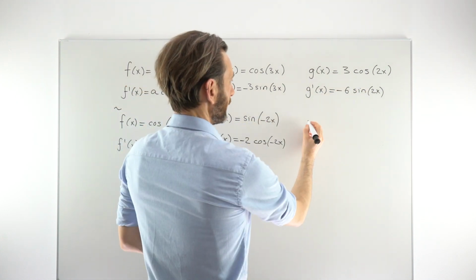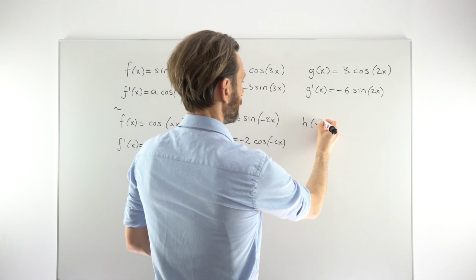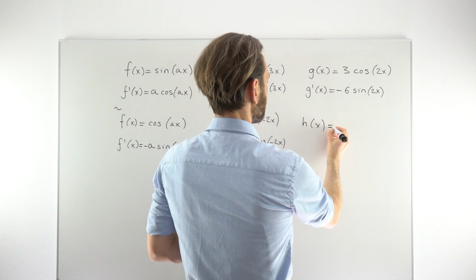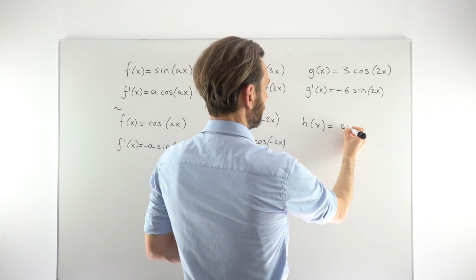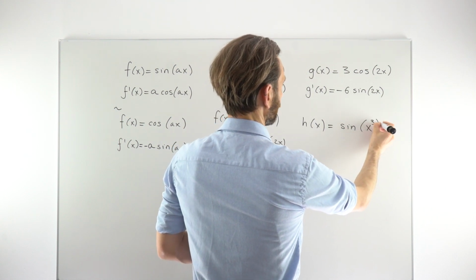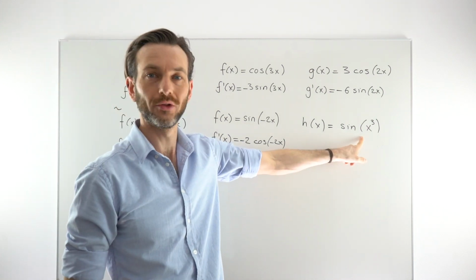Finally, maybe a slightly more complex version. We'll go for an h function this time, just to mix it up a little. Let's go for a sine, and the inside will be x cubed. So sine of x cubed. It's not unusual in this topic to see functions in this format.